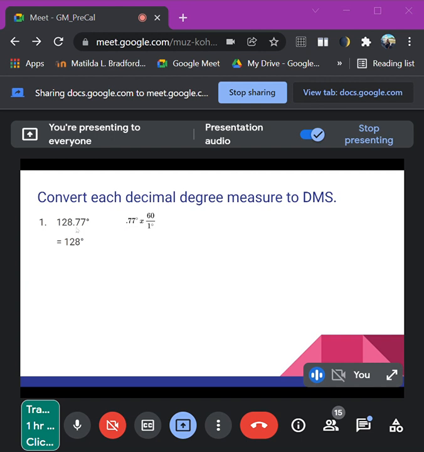So we're going to multiply 0.77 degree by 60 minutes over 1 degree, because we said 1 degree is equivalent to 60 minutes. So the degree cancels out. What remains is 0.77 times 60 over 1. So, how much is that, class? 0.77 times 60.